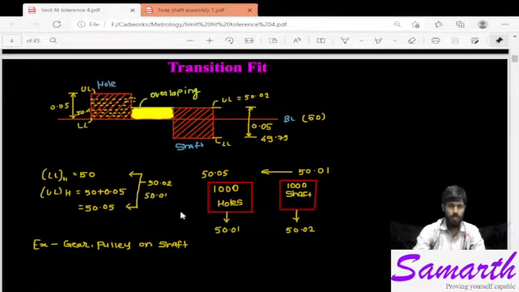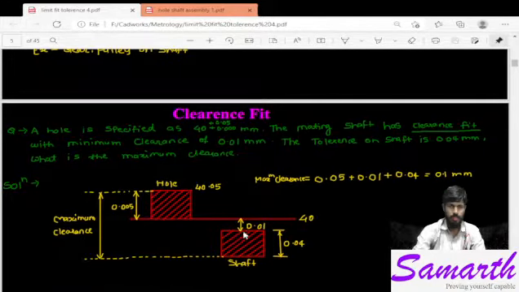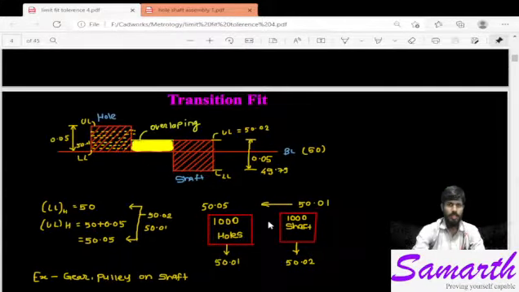So this is not a clearance fit, first of all. And clearance will be like this, clearance fit. Here you can see there is a gap between the lower limit of hole and upper limit of shaft, and this much is the clearance.